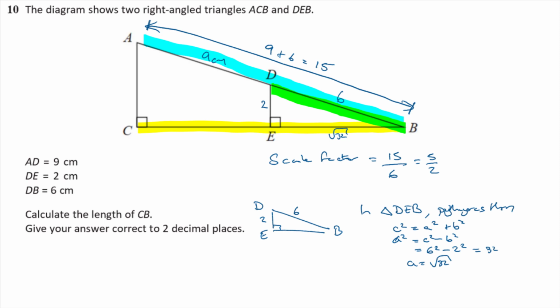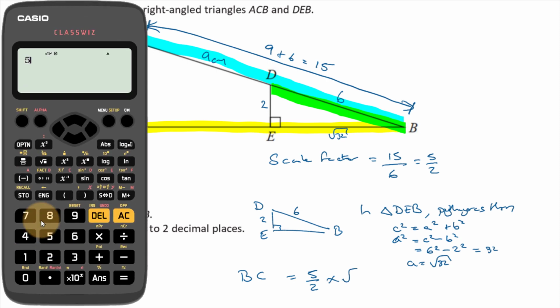Then my side BC is going to be the scale factor 5/2 multiplied by the side of BE, which we found earlier, which is root 32. So what's 5/2 of root 32? That comes out to be 10 root 2, or to 2 decimal places, 14.14, isn't it?